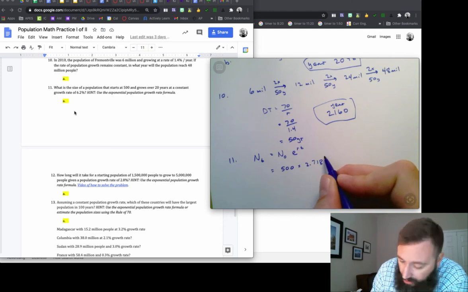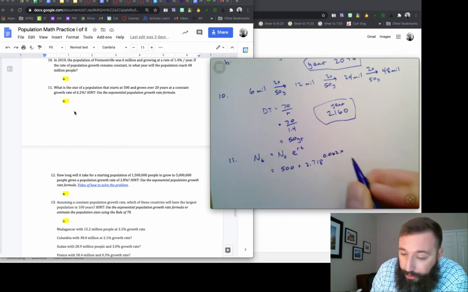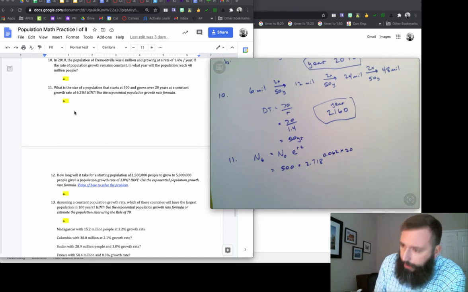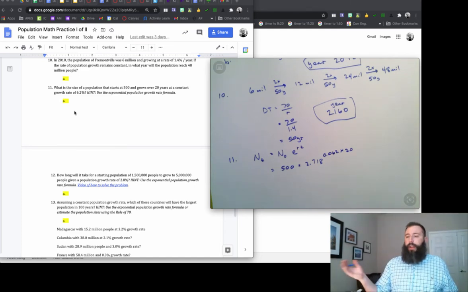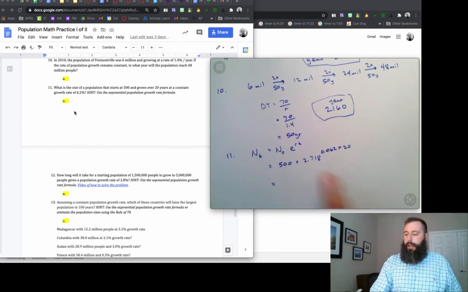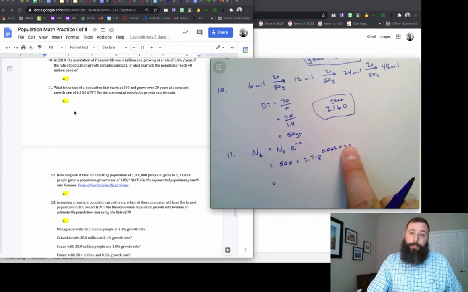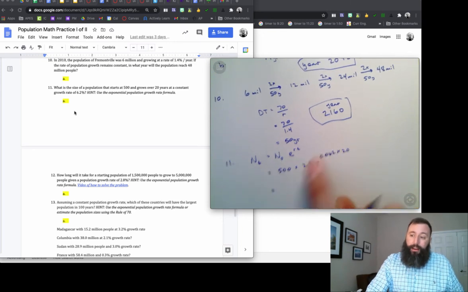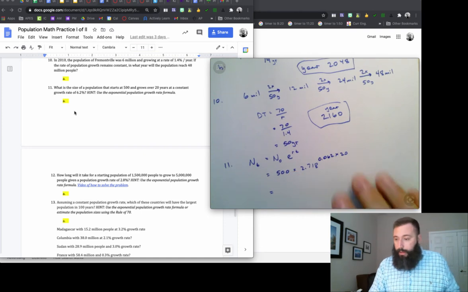So 6.2% is actually 0.062. We'll multiply it by 20 years here in our exponent. So now it's just an order of operations problem. I'm going to first deal with the exponents. So I'll find the product of that. That'll be my exponent to raise e to. And then I'll multiply that times 500, and that'll be my answer.